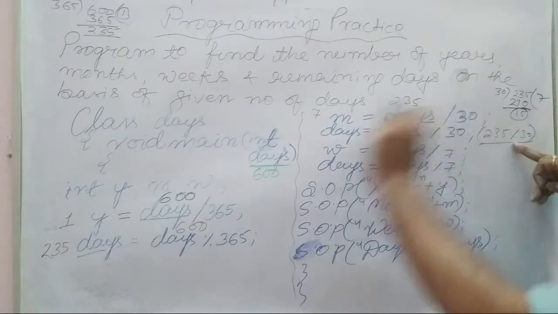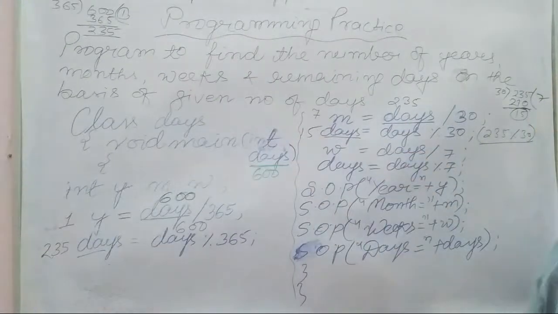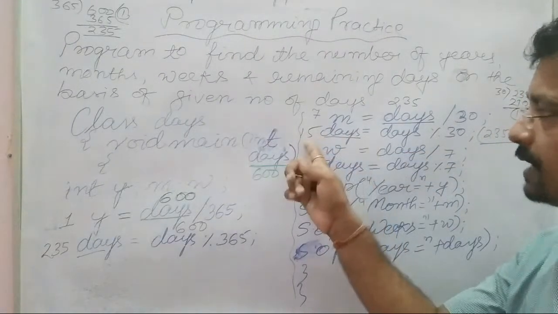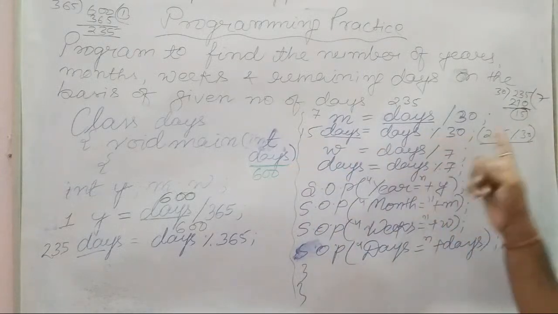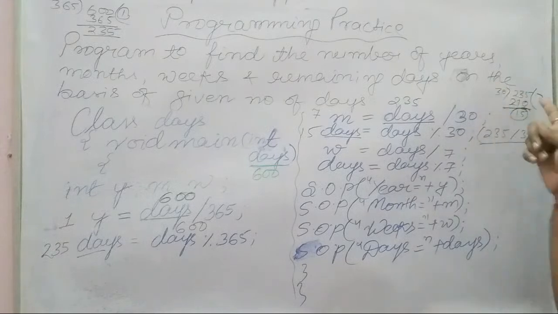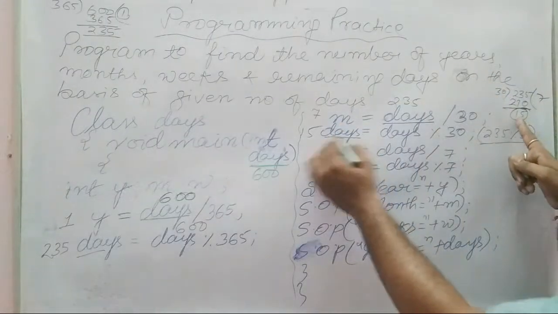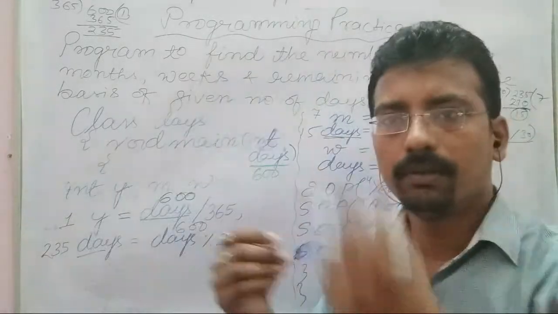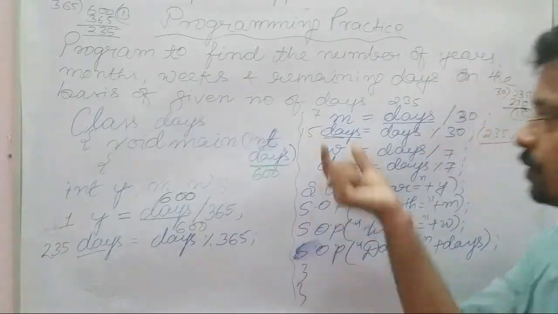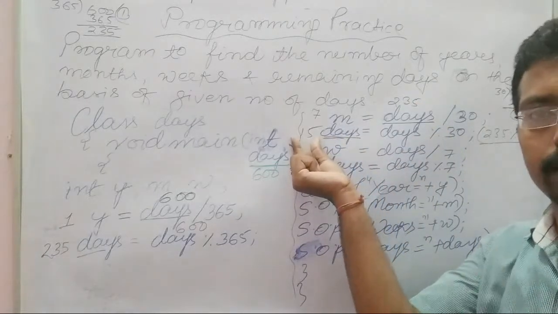This 15 days will be the new value of days. Is it clear? 235 when mod by 30, your remaining value will come as 15. And this 15 will be the new value, overwriting the last value. So the last value of days was 235. Now the new value is 15.